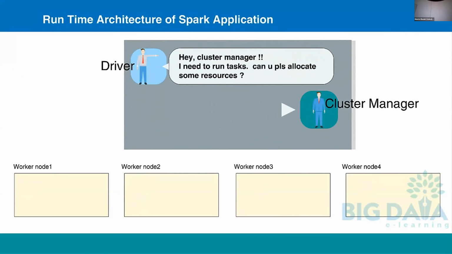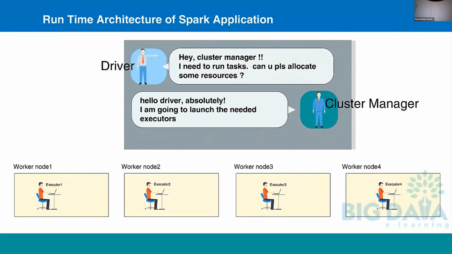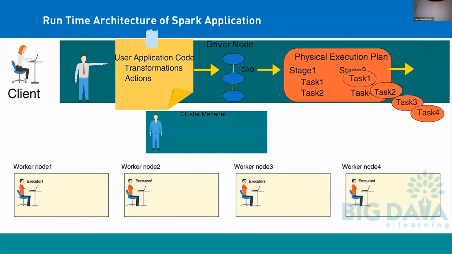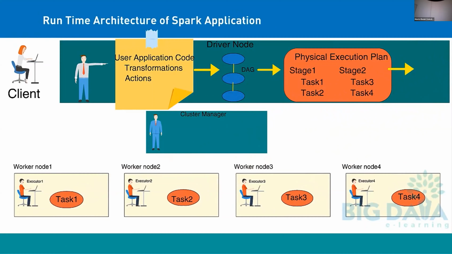Now, the driver talks to the Cluster Manager and negotiates for resources. Cluster Manager launches executors in worker nodes on behalf of the driver. At this point, the driver will send the tasks to the executors based on data placement. When executors start, they register themselves with the driver, so the driver will have a complete view of all executors.